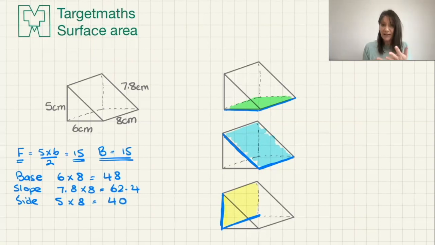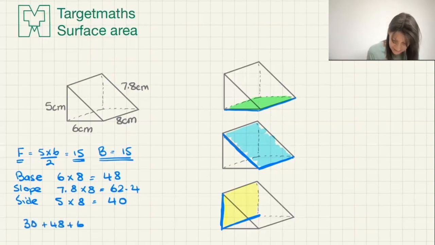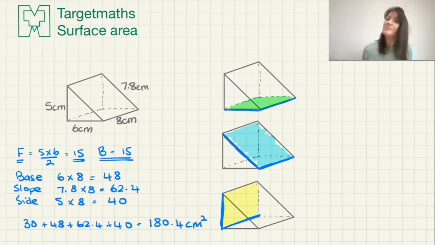So now I've got the front, the back, and all the sides around the middle. I just have to add all of those together. So I've got 15 plus 15, so the 30, plus 48, plus 62.4, plus 40, which is giving me 180.4 centimeters squared, because it's area.